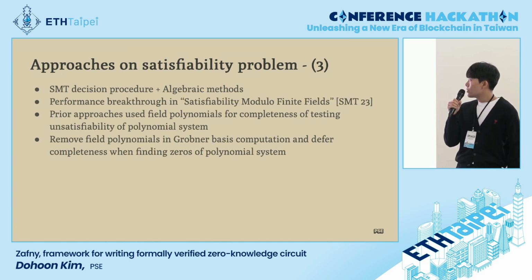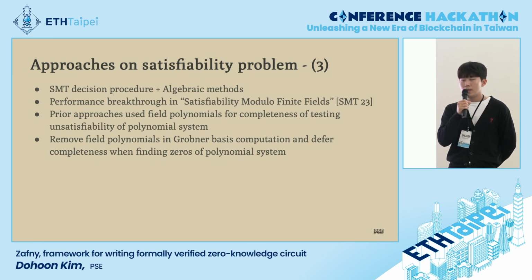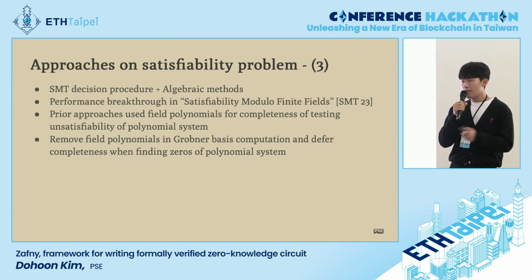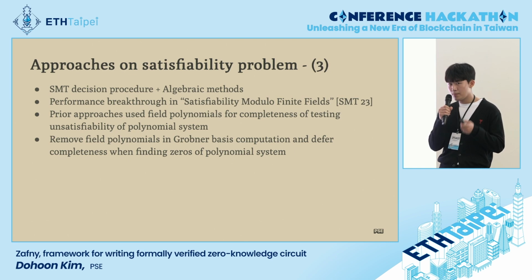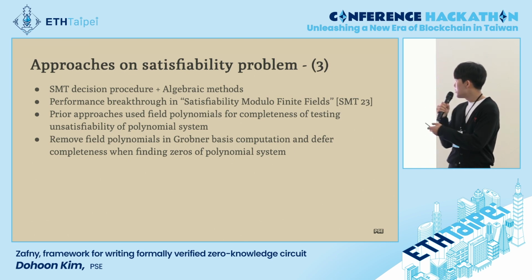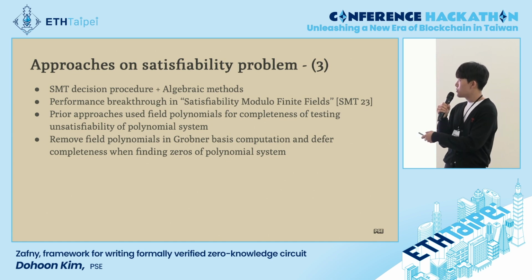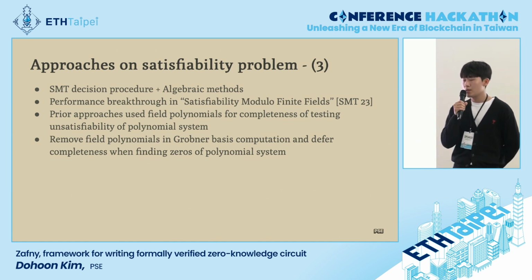And the third one also combines the SMT decision procedure with algebraic methods, but they have a kind of performance breakthrough compared to the prior approaches. The difference was that in prior approaches, in order to ensure the completeness of the Gröbner-based testing, they usually took the field polynomials into account in the Gröbner basis computation.